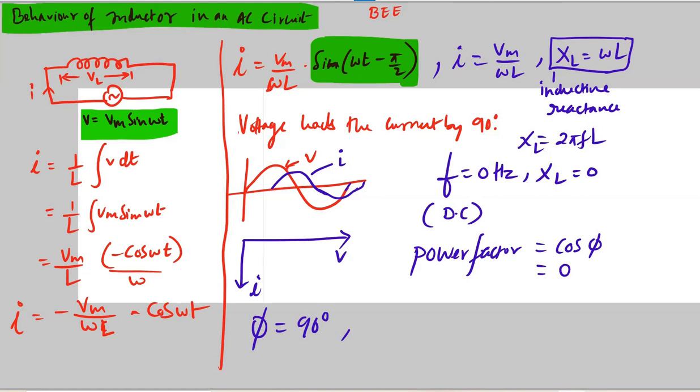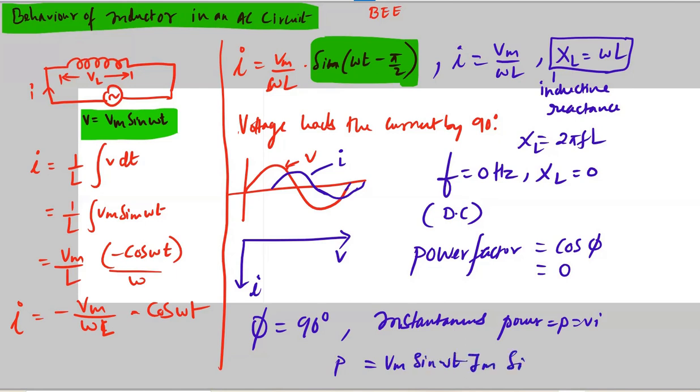And instantaneous power, that we can write as P equals VI. That is P equals Vm sin omega t into Im sin of omega t minus pi by 2.